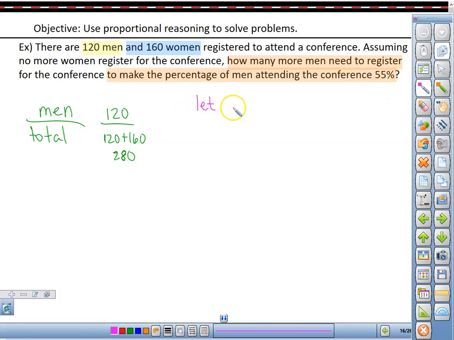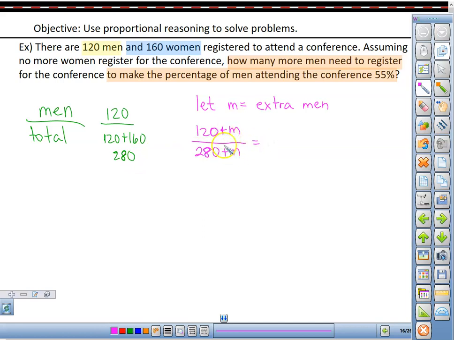I'm going to let M be the extra men that we want to attend the conference. So now my ratio changes, both the number of men changes, so that becomes 120 plus M, and my total number of people changes because we're adding those men to this group too. So we have 280 plus M there.